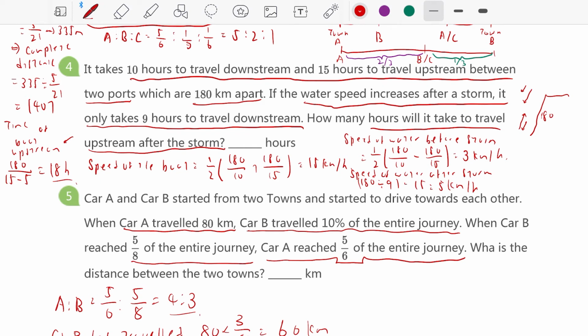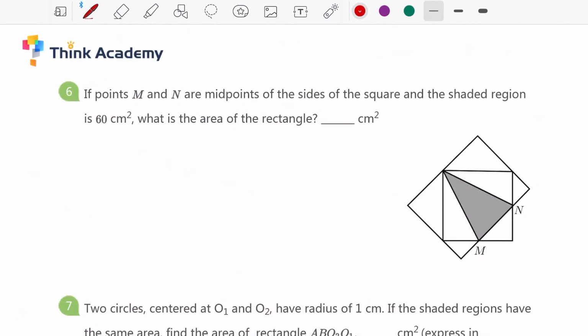So what's the distance between the 2 towns? Well, we know that car B has traveled 10% of the entire journey. So distance will just be equal to 60 times 10, which will give us 600 kilometers. So that's the idea, identifying important ratios over here and being able to understand the same proportion. So this one is very similar to our question 3 over here. Alright, I hope this one is clear enough. Now let's move on to the next question.